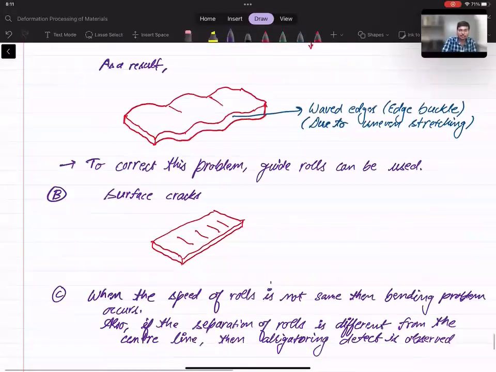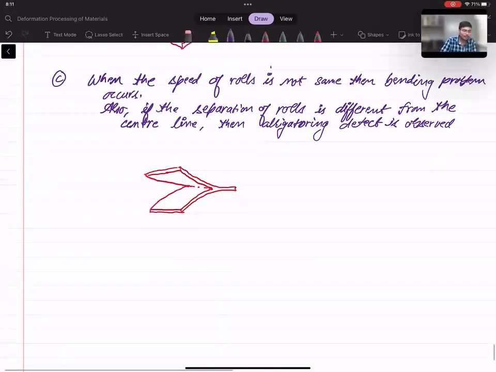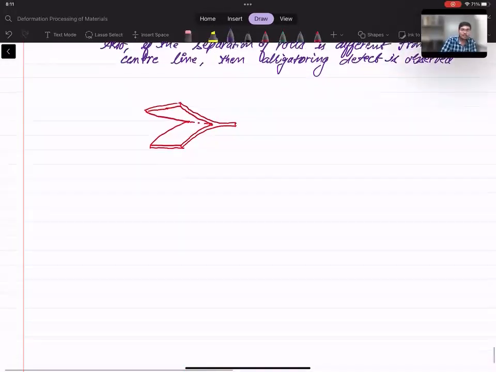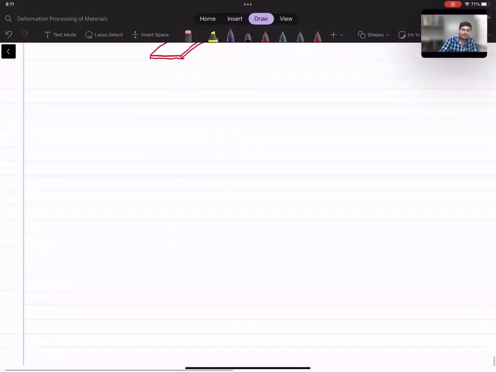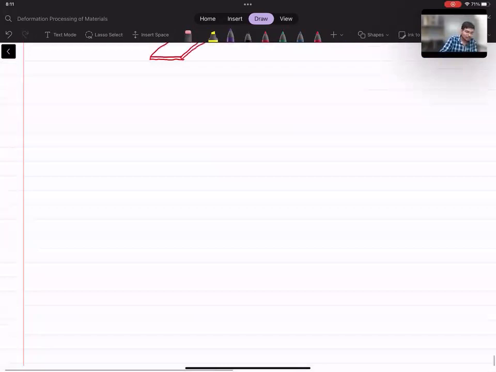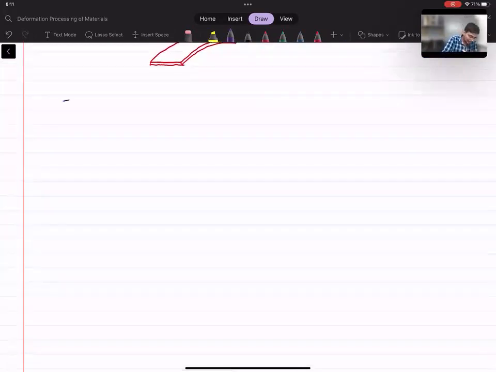So in that case, what will happen is that it will lead to either lateral spread or edge cracking. So in that case, edge cracks due to lateral spread.